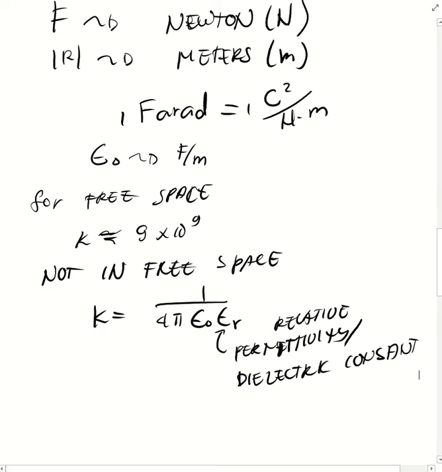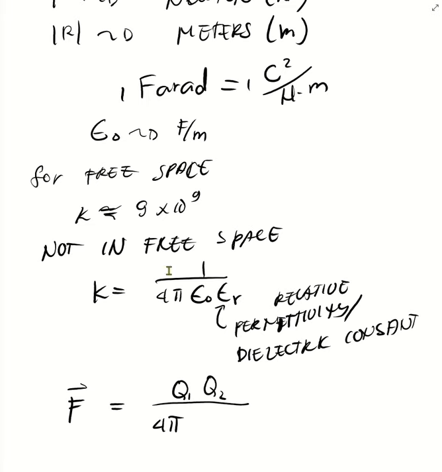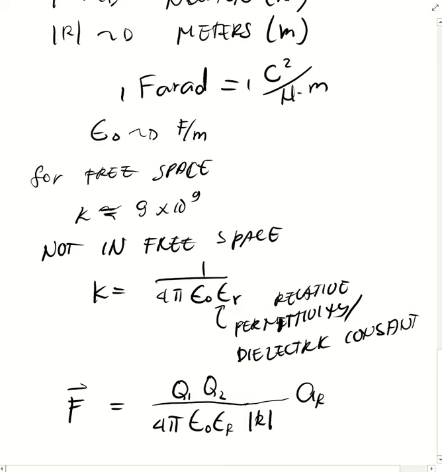So the general formula for the force in vector form will be Q1 times Q2 all over 4 pi epsilon naught times epsilon r, multiplied by the distance, then the direction.